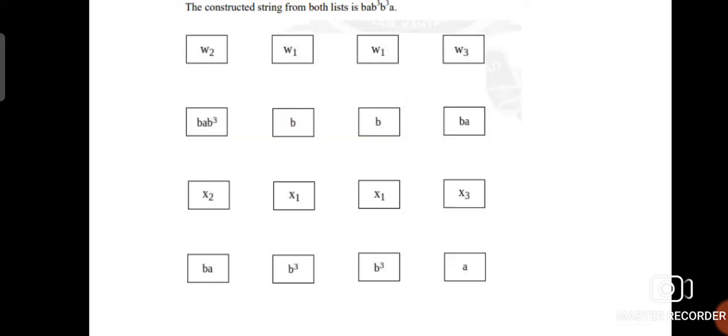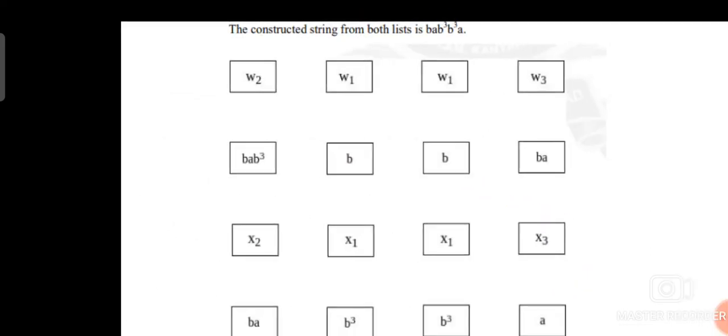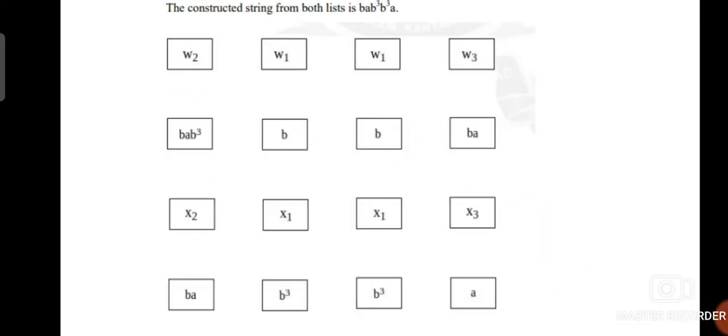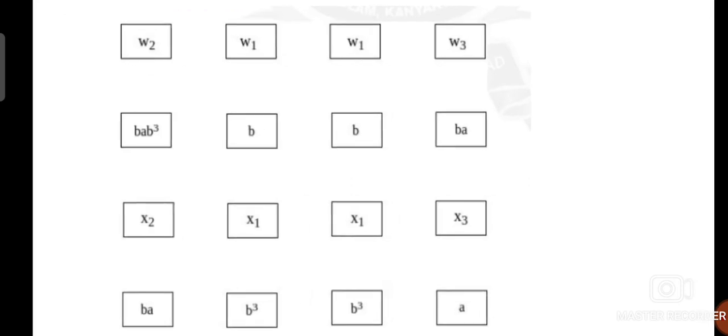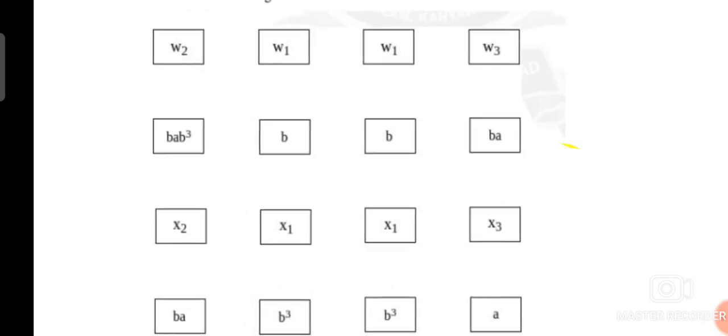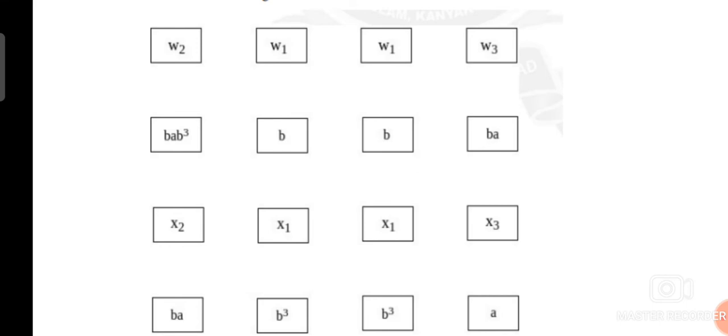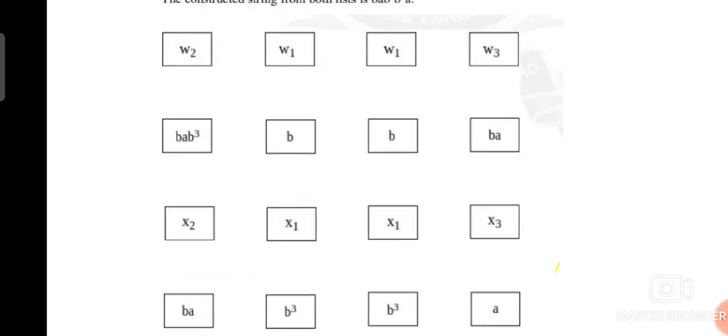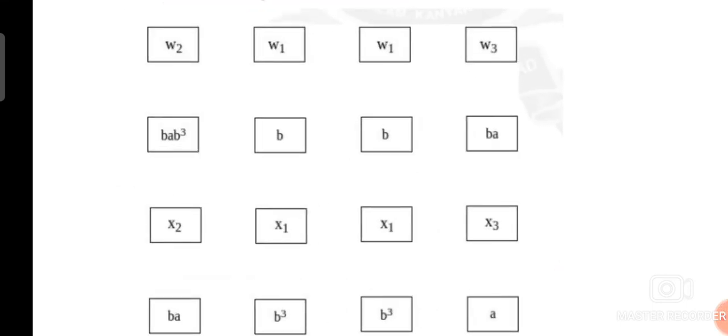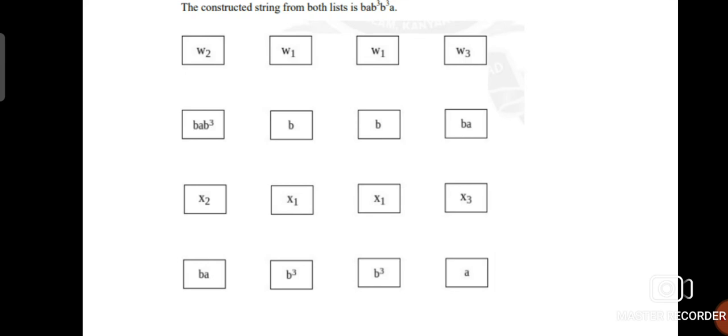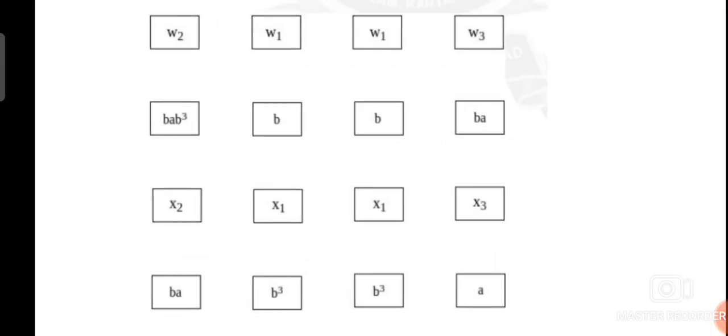Now we can see the diagram. Here our order is 2, 1, 1, 3. So when we arrange in this fashion, we are getting W2 means BA, B3, W1 means B, W1 means B, W3 is BA. In the same way we have to arrange the strings of X pattern.